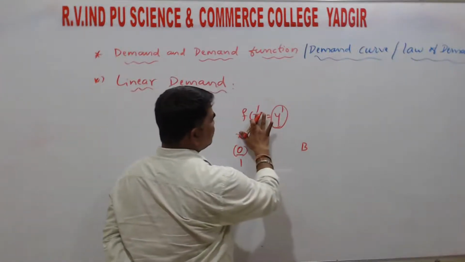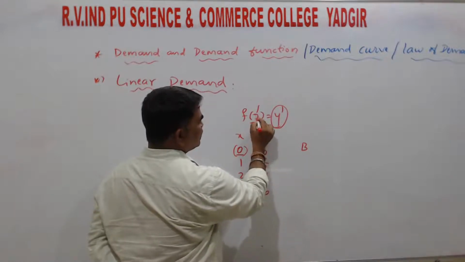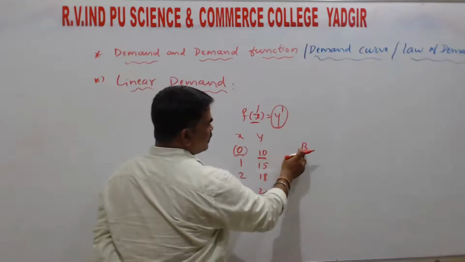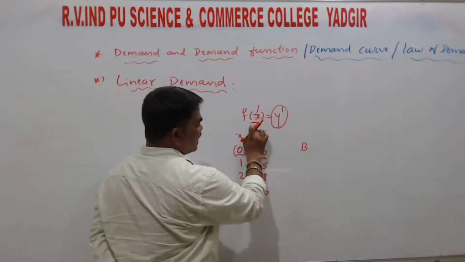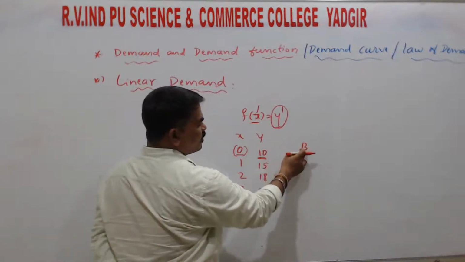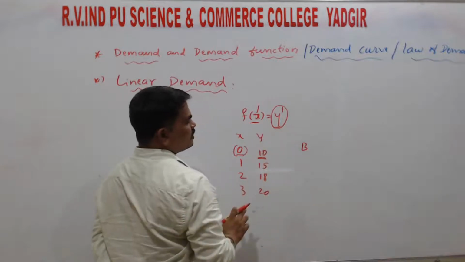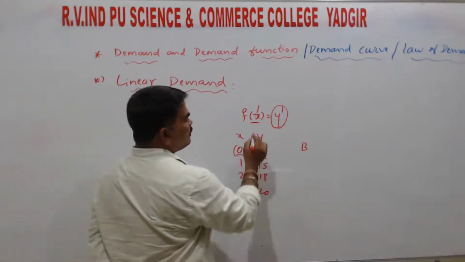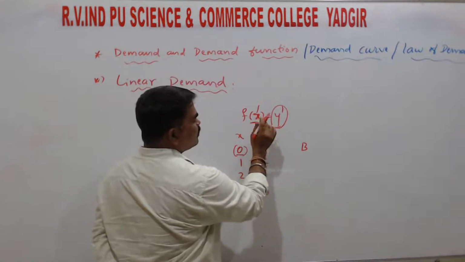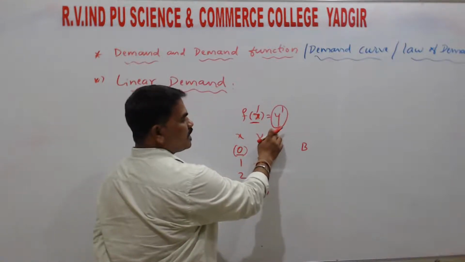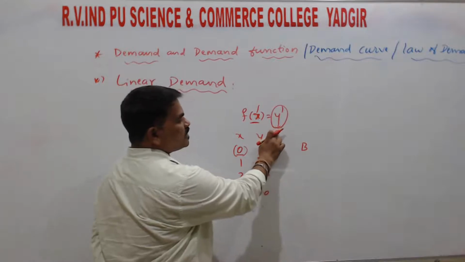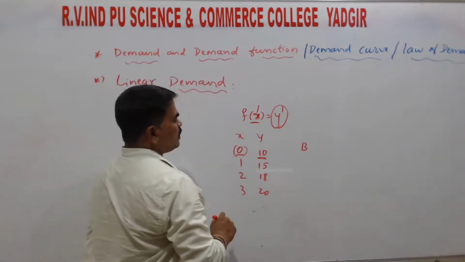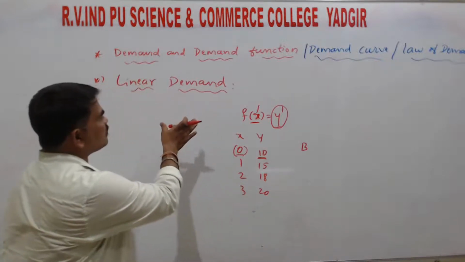If the banana price is X, then the demand for banana is Y. That is the function of demand. But how do we find out this demand? We have that question, and that is what we try to find out here.